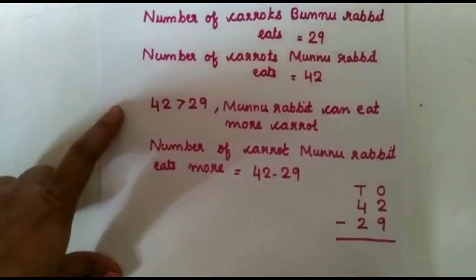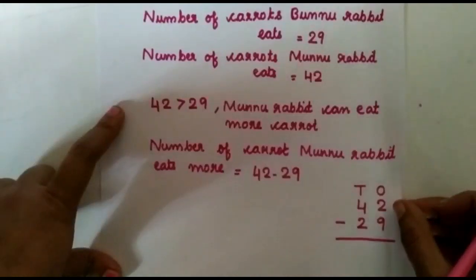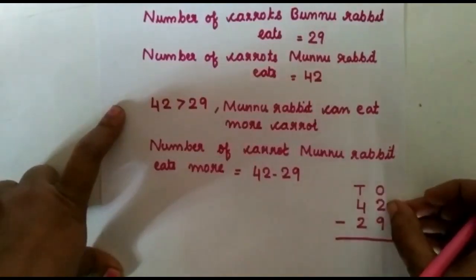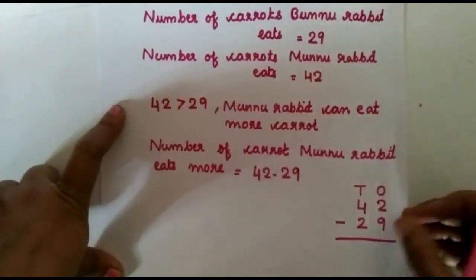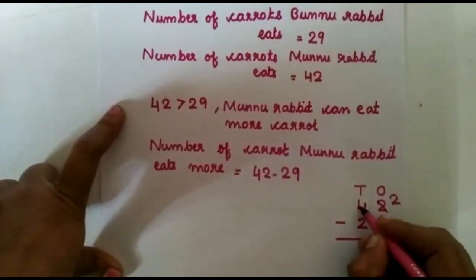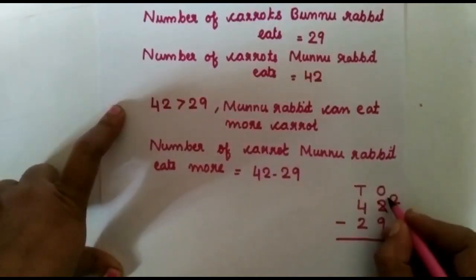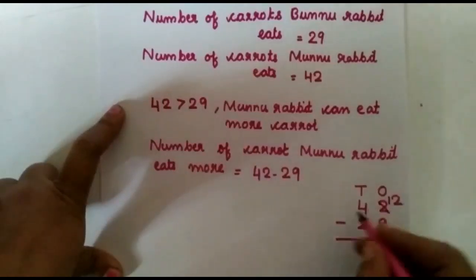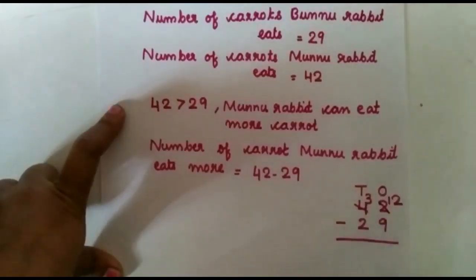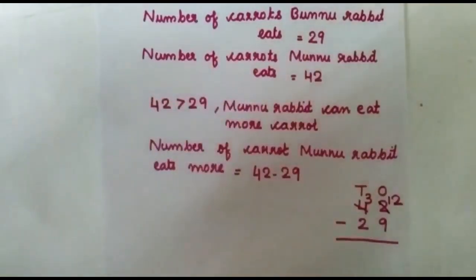Next is subtract 2 minus 9. 2 minus 9 is not possible because 2 is the smaller number, 9 is the bigger number. So borrow 1 from tens place. Then 2 becomes 12 and 4 becomes 3. Okay? 12 minus 9.